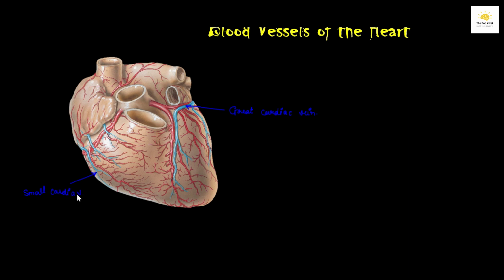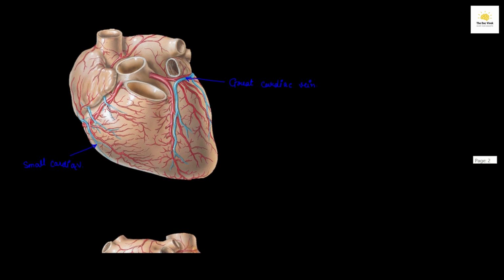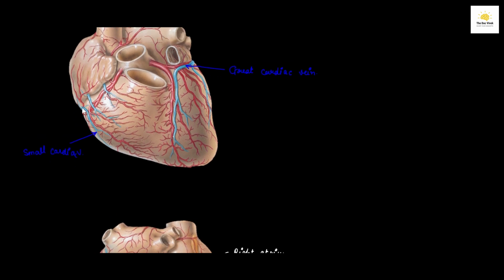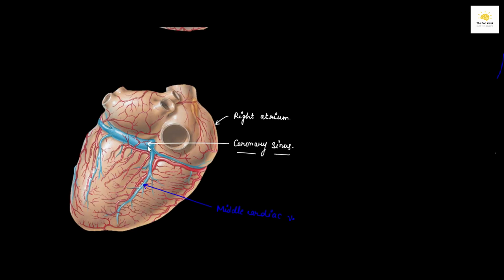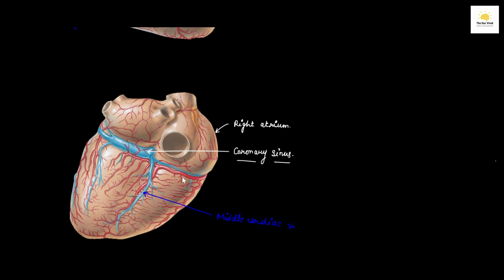It begins on the right heart surface and rises up to the coronary sulcus. Then it turns to the posterior side and finally falls into the coronary sinus. On the posterior surface also, this is the small cardiac vein.